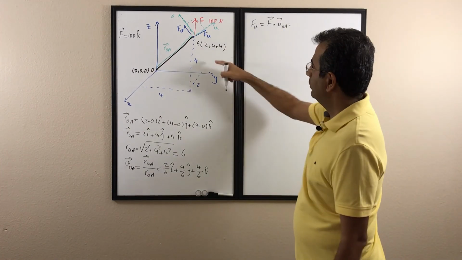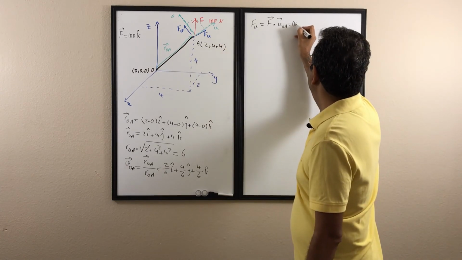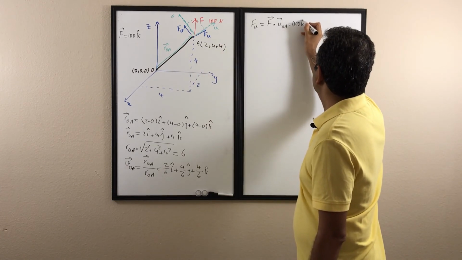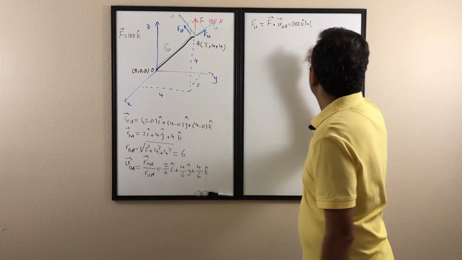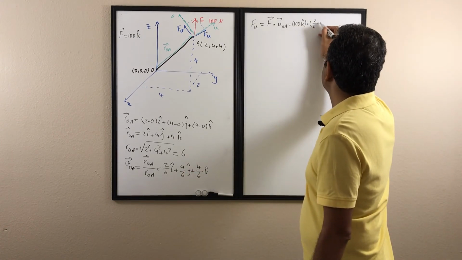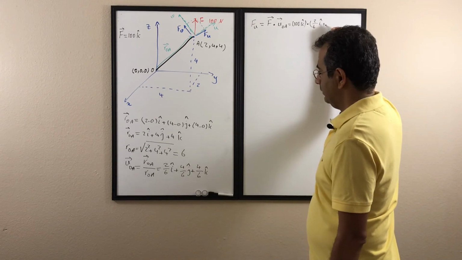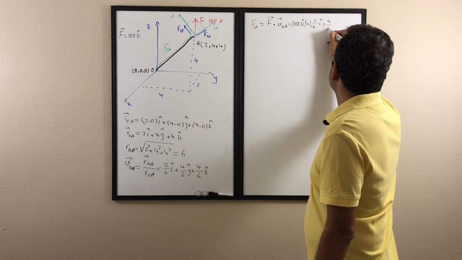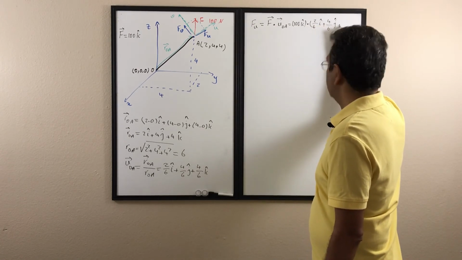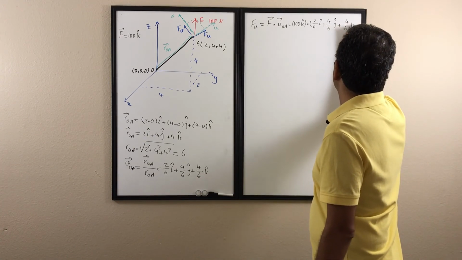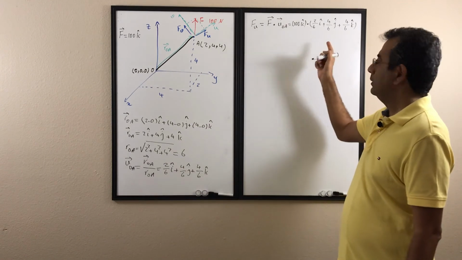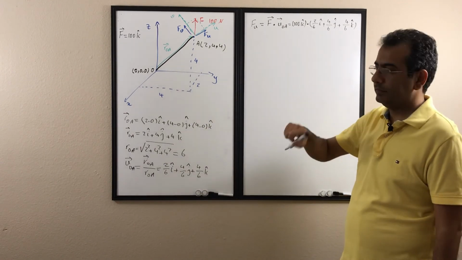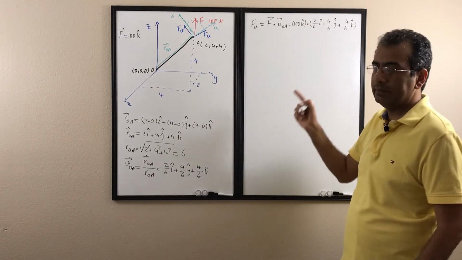We know that F is 100K, and the dot product is with 2/6 I plus 4/6 J plus 4/6 K. The I components multiply together, the J components together, the K components together, and then we add them.